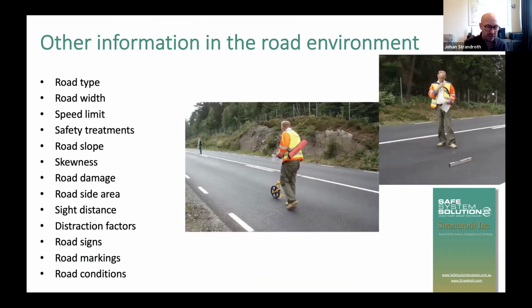The last thing to note, I guess, is that there are some things that we can't miss, that we just have to document because it relates specifically to the question that we have about crash forces. But while we're out there, normally we would still take a lot of measurements just for reference. So road type, the width, speed limit, safety treatment, slopes, skewness, road damages. It might not have a direct correlation with your crash, but it's still interesting to note.